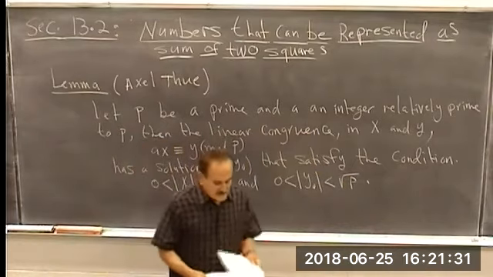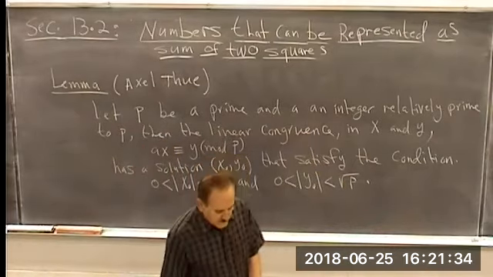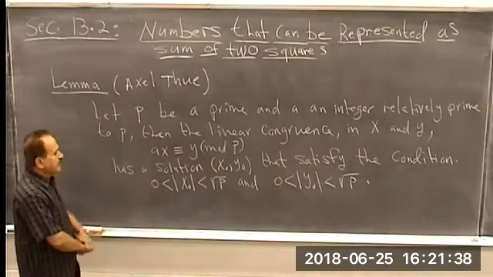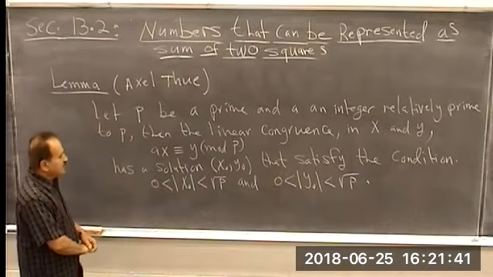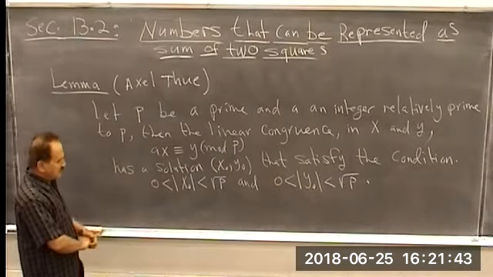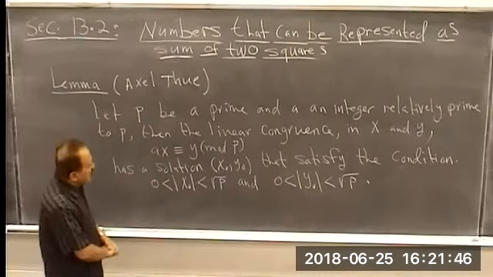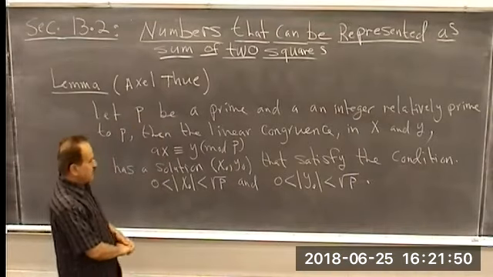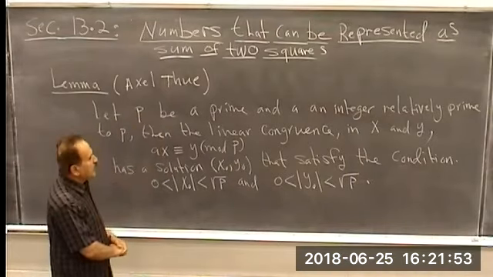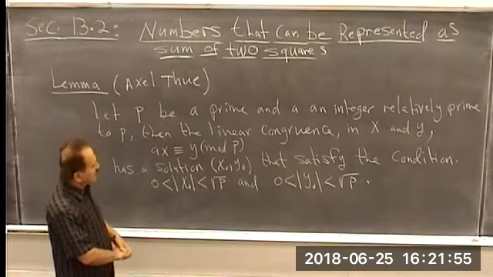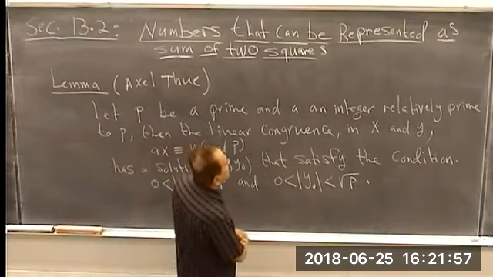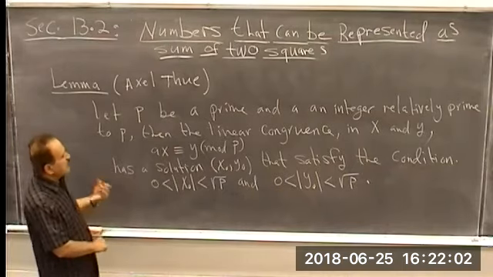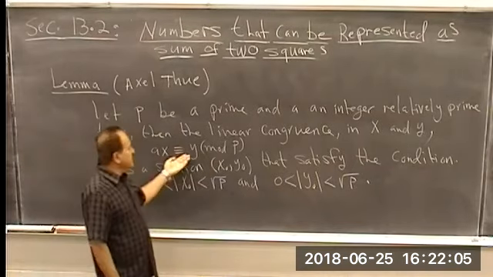All right, so this is what Thue's lemma states, and we're going to be using this result to prove Fermat's theorem. The proof of this lemma is actually constructive, meaning in the proof we're going to be looking at a certain set of ordered pairs, and we're going to extract from this set a solution for this congruence.